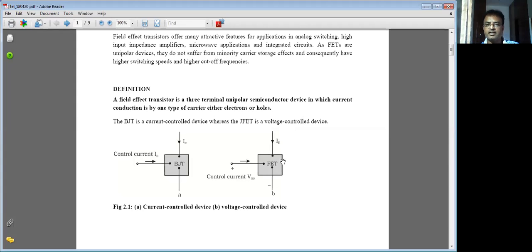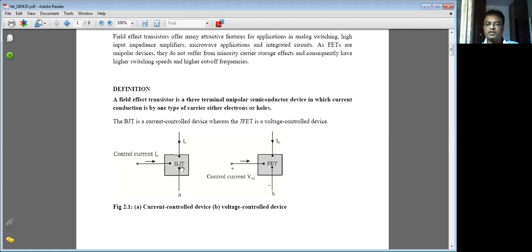Just now I said the current is due to either electrons or holes. A field effect transistor is a three-terminal unipolar semiconductor device. Also, you have studied the BJT in your PUC: emitter, base, collector.